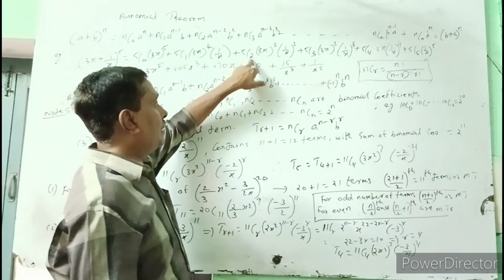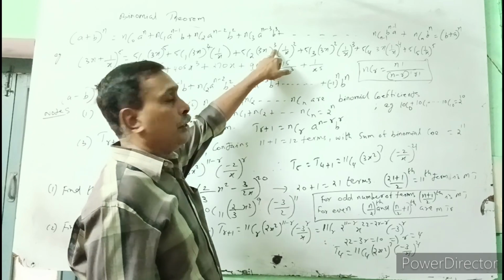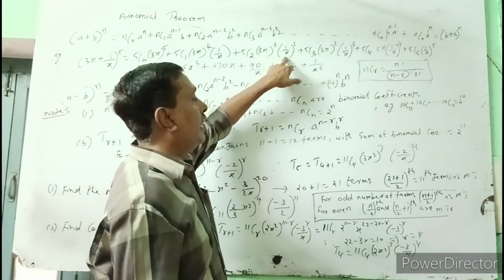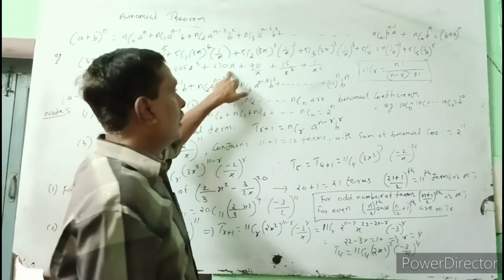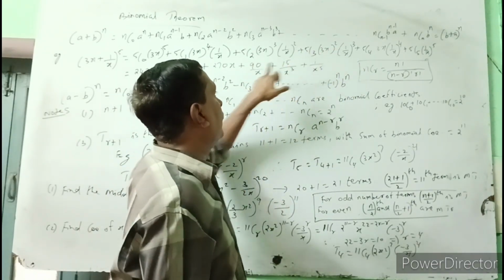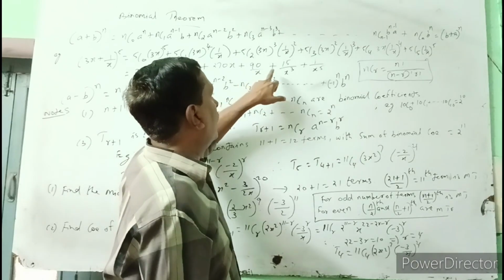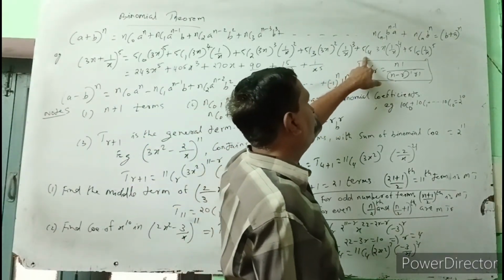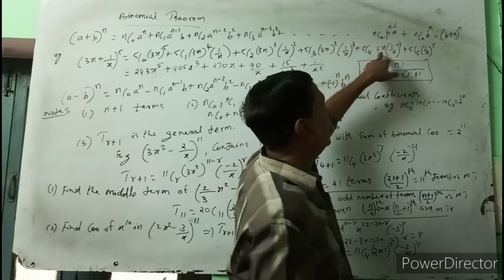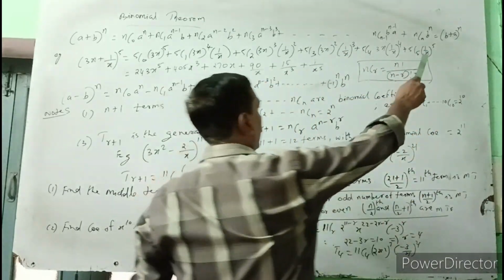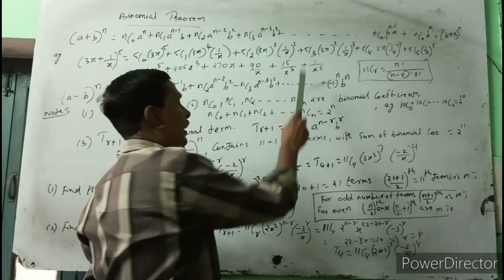Then 5C2 is 10, 10 into 3³ is 27, 270. Here x³ divided by x², so it will come x. Similarly 5C3 is again 10, 10 into 9, 90, so 90 upon x. Similarly next, 5C4 is 5 into 3, 15 upon x³. Simplifying the last one, 5C5 is 1 and the last term will come 1 upon x^5.